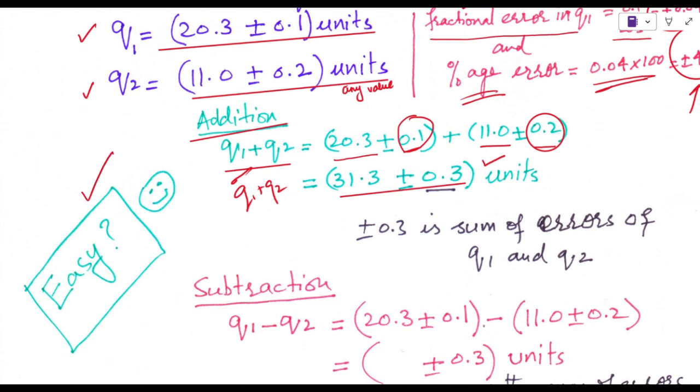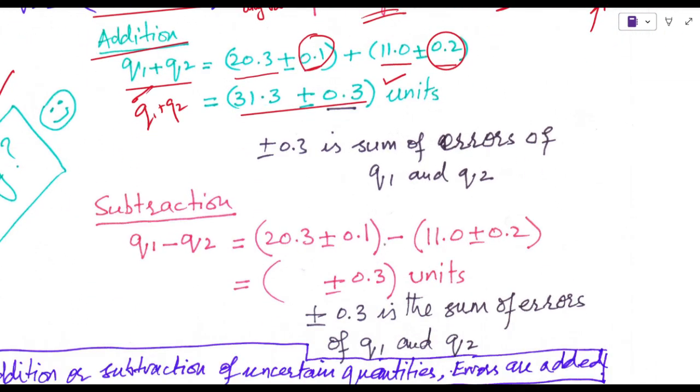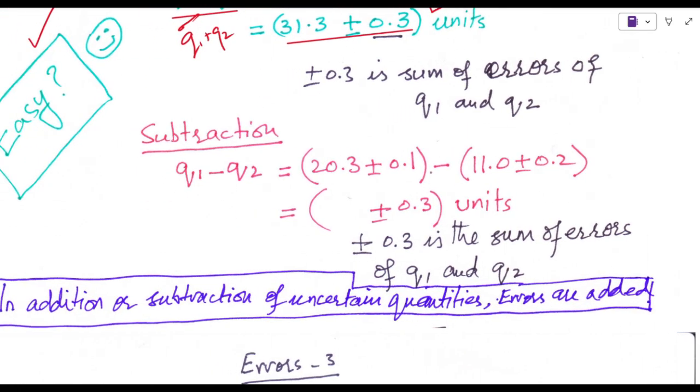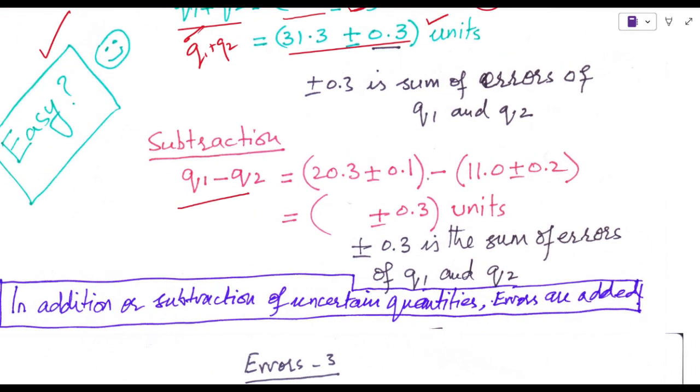Going on to subtraction, again I have taken Q1 and Q2, and Q1 minus Q2 will be equal to 9.3. And just look at this, it is very important, that even when the uncertain quantities are being subtracted, their uncertainties will come as added and written with the answer.